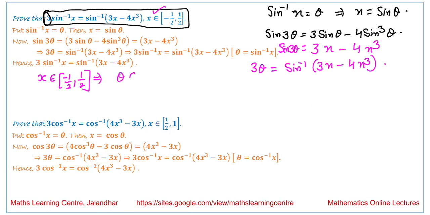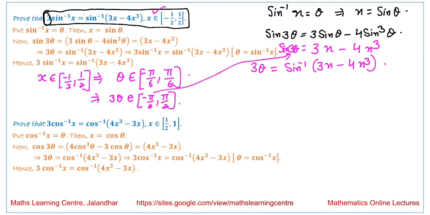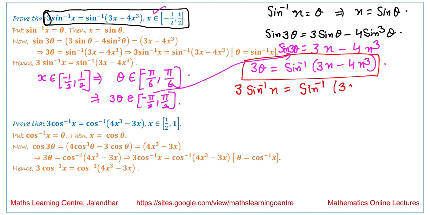This will imply that theta belongs to the interval minus pi by 6 to pi by 6, and this implies that 3 theta belongs to the interval minus pi by 2 to pi by 2. We are saying this 3 theta belongs to the interval minus pi by 2 to pi by 2, so we can write that 3 theta is equal to this. Now substituting the value of theta over here, we get 3 times sine inverse of x is equal to sine inverse of 3x minus 4x cube.